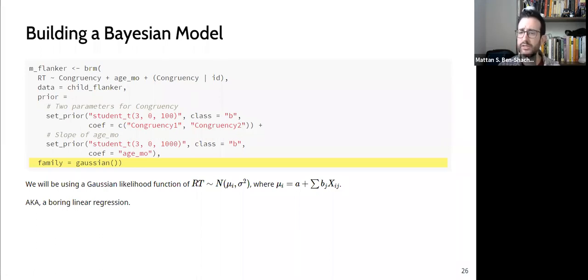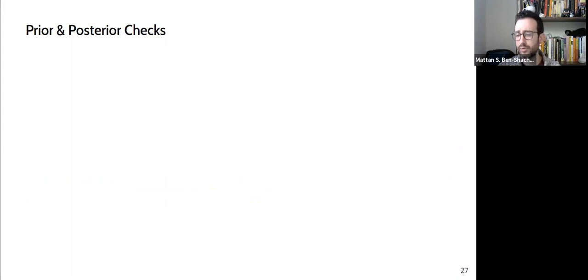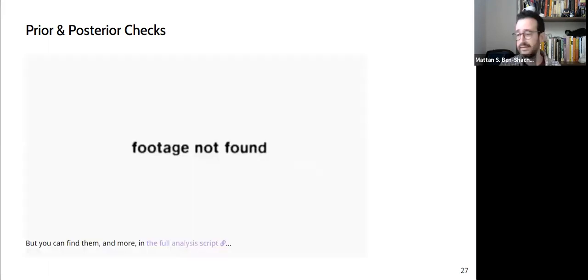And on this model, we need to perform some basic prior and posterior checks. These checks just make sure that our model is generally reasonable and that we've done a good job of sampling from the posterior. Unfortunately, that's a whole other topic for another time. But I've done this for this model, and you can check that out in the full analysis script in this link.